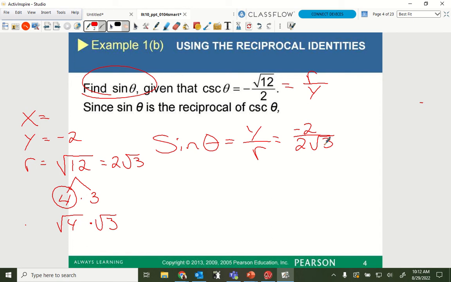If you put square root of 12 in the calculator, you get 3 point something. And if you put in 2 rad 3, you also get 3 point something. You'll get the same answer. They are equivalent. It's just that this one is factored and that one is not.